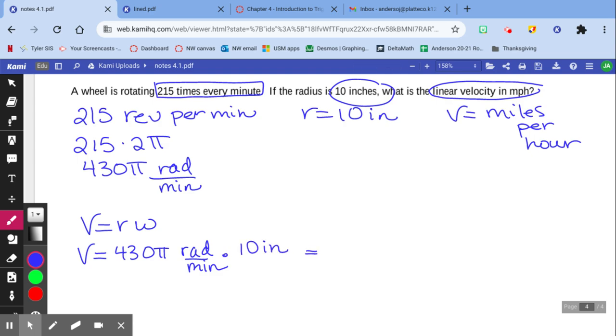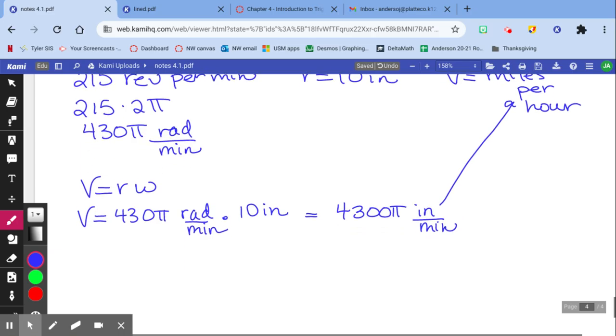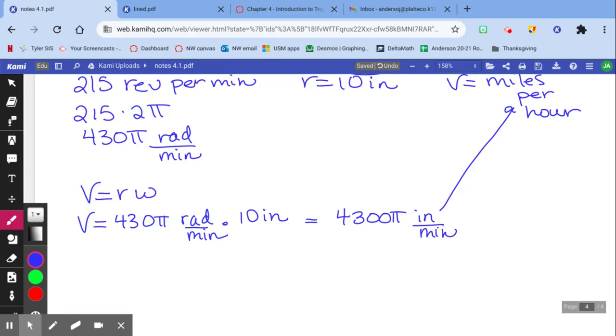If I went ahead and did that conversion, I would have 4,300 pi inches per minute. But I need that in miles per hour. So what we have to do is go from inches per minute all the way into miles per hour.